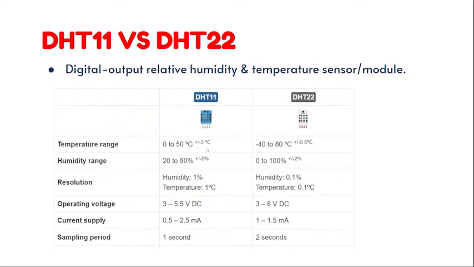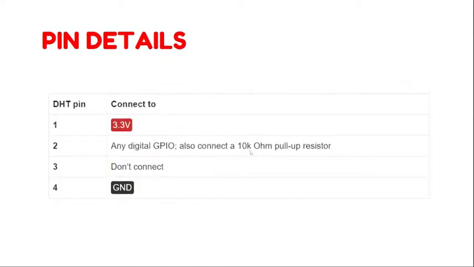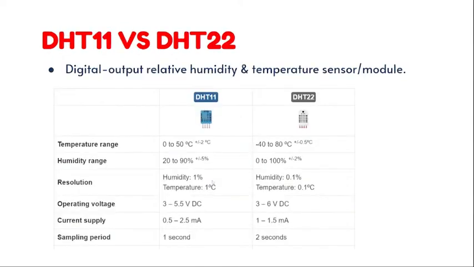If you use DHT22, then you need a pull-up resistor of 10K for the data line. The humidity range is 20 to 90 in DHT11, whereas it is 0 to 100 in DHT22, and the resolution and everything else is the same. DHT22 gives data every 2 seconds, whereas DHT11 will give you data every second.